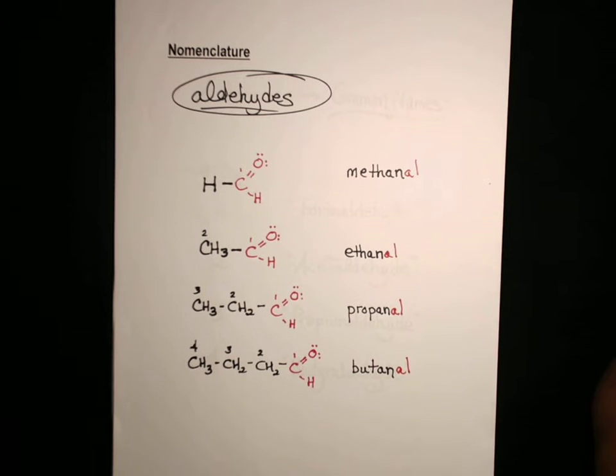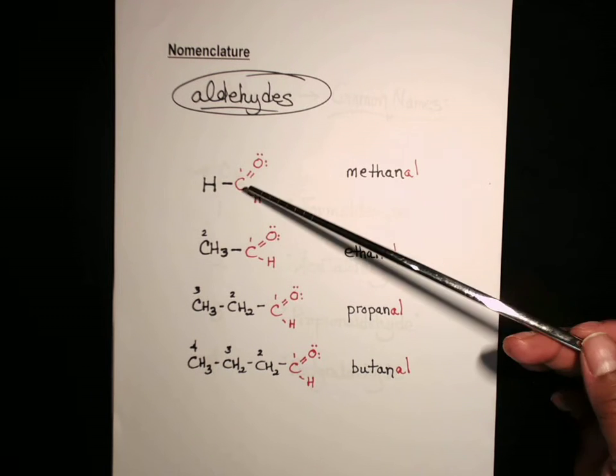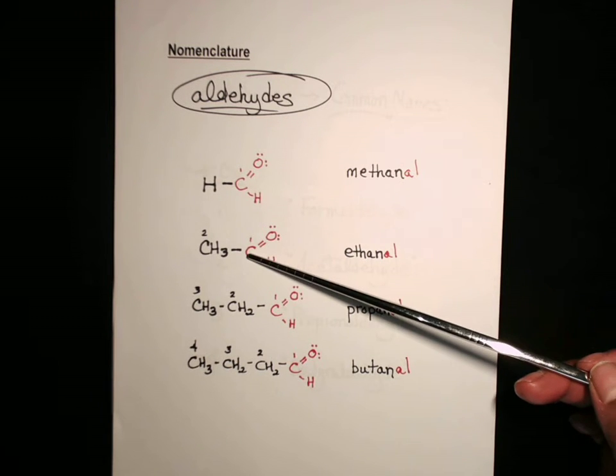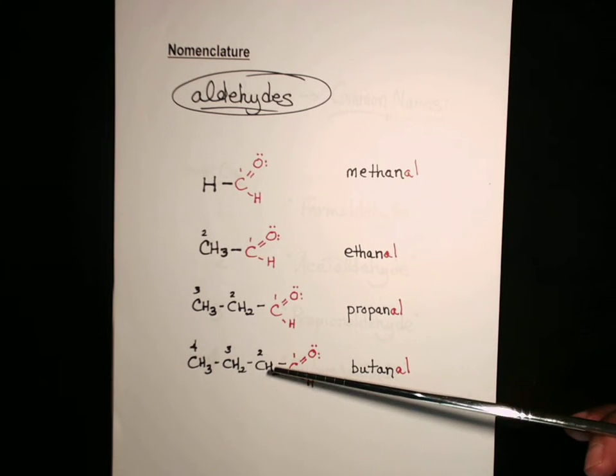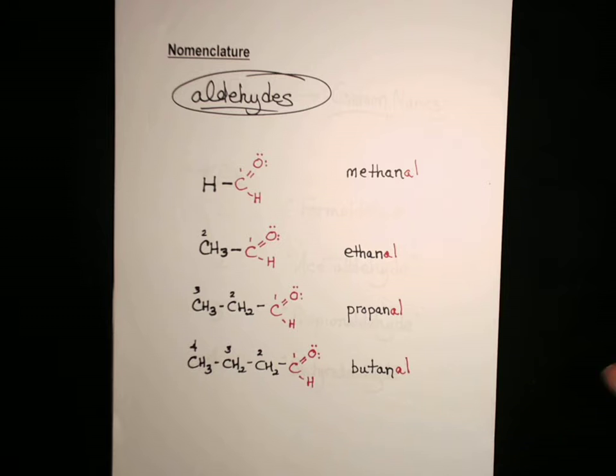Now, you'll notice, hopefully, that we're still following the basic rules of nomenclature, where we look at the longest continuous chain of carbons. 1 carbon, 2 carbons, 3 carbons, 4. Hence the names methanal, ethanal, propanal, and butanal.